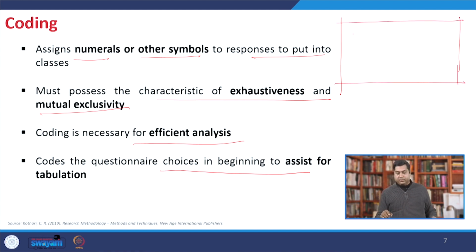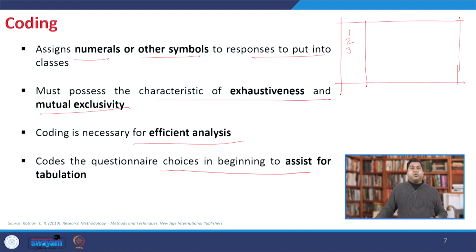If you recall, there were certain questions where a code was available, like if it is married you give 1, unmarried give 2, and if separated give 3, something like that, so that it can be used to take the response in quick time.